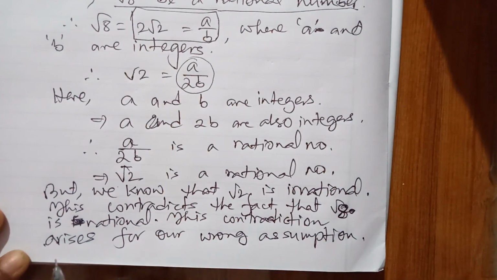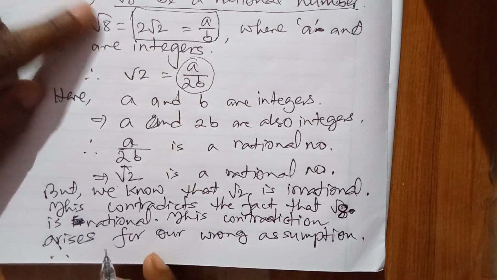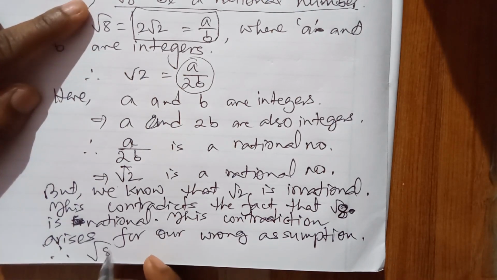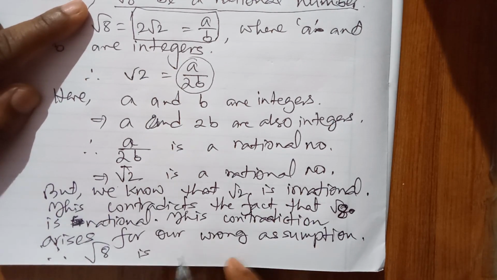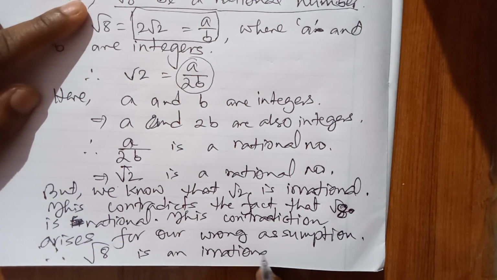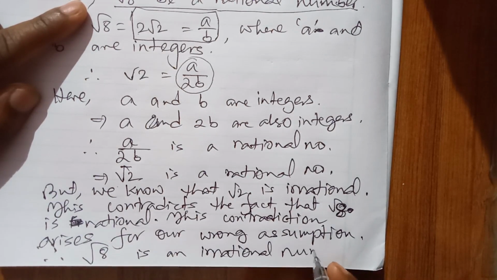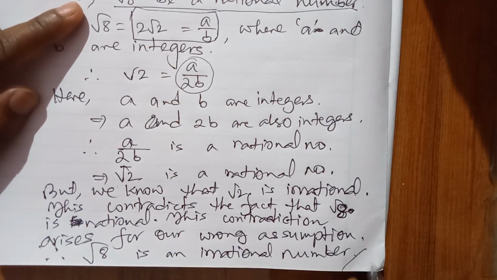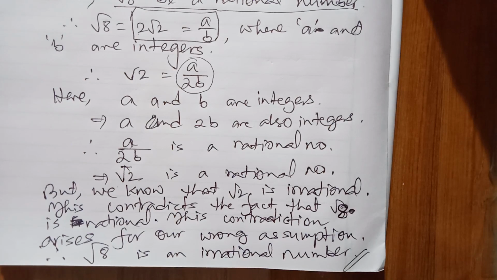So therefore our final answer will be: therefore root 8 is an irrational number. So root 8 is finished. One more question you take.